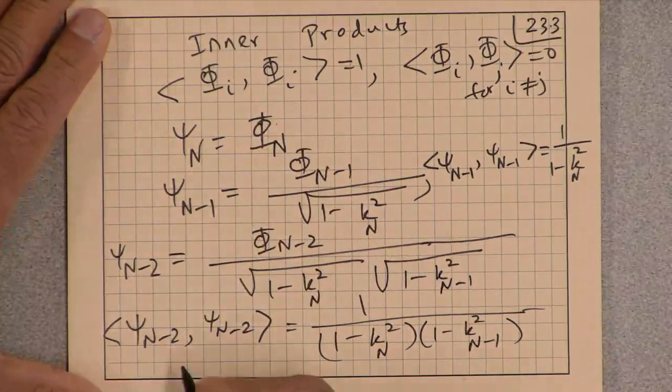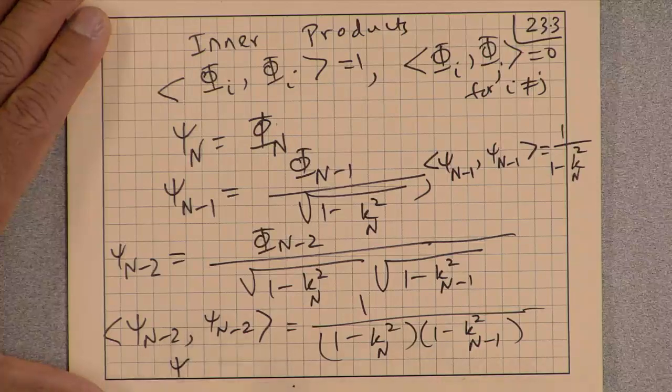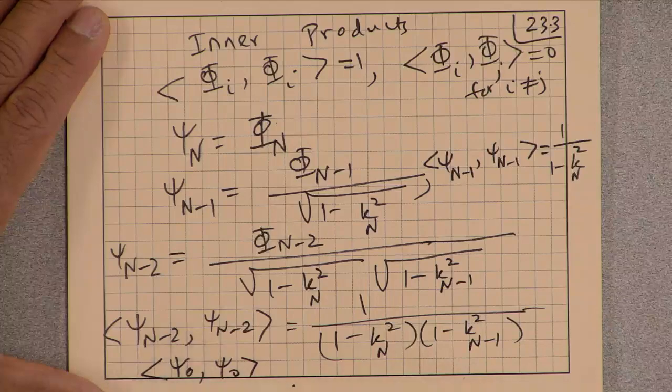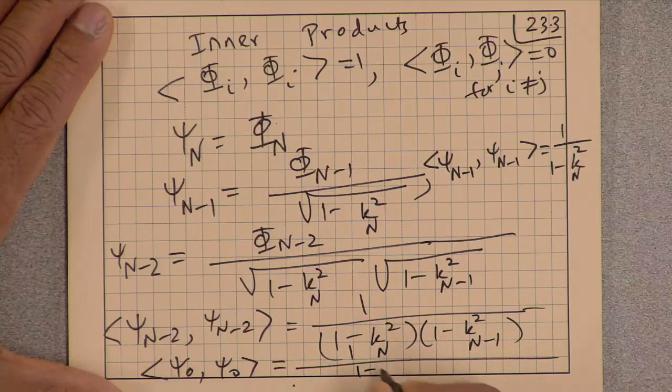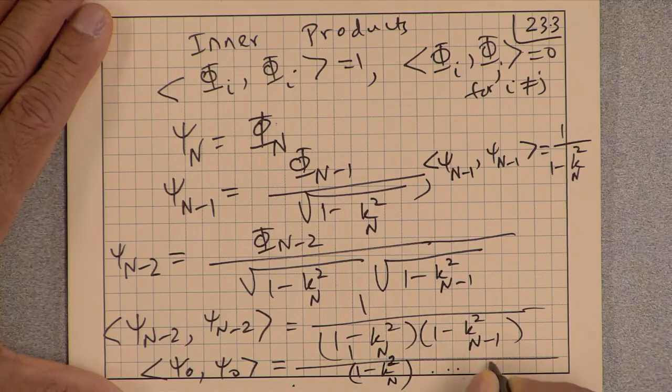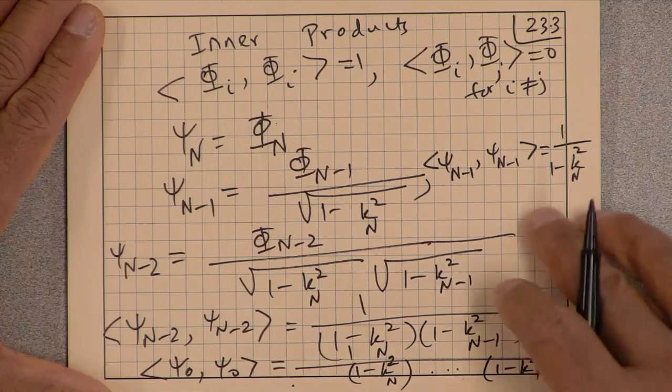So let me just write down here. If I want to write down psi 0 inner product, it is equal to 1 over 1 minus kn squared up to 1 minus k1 squared. Okay, so that's good to know.